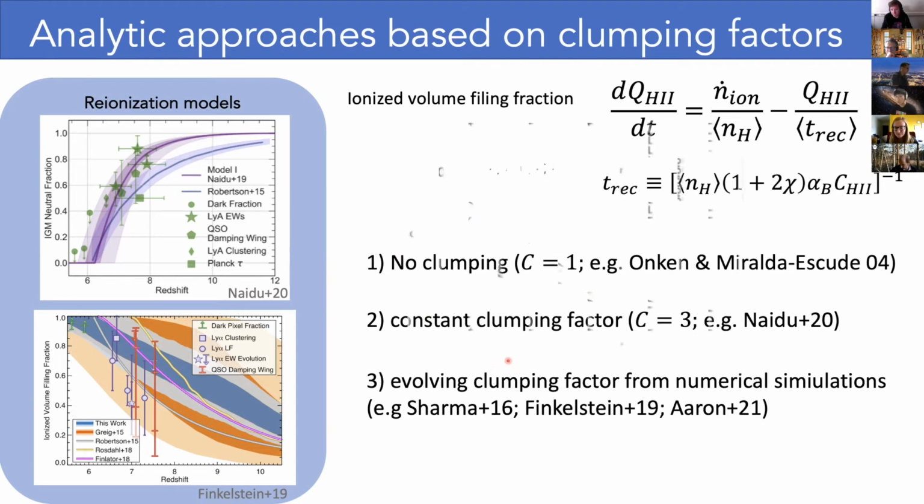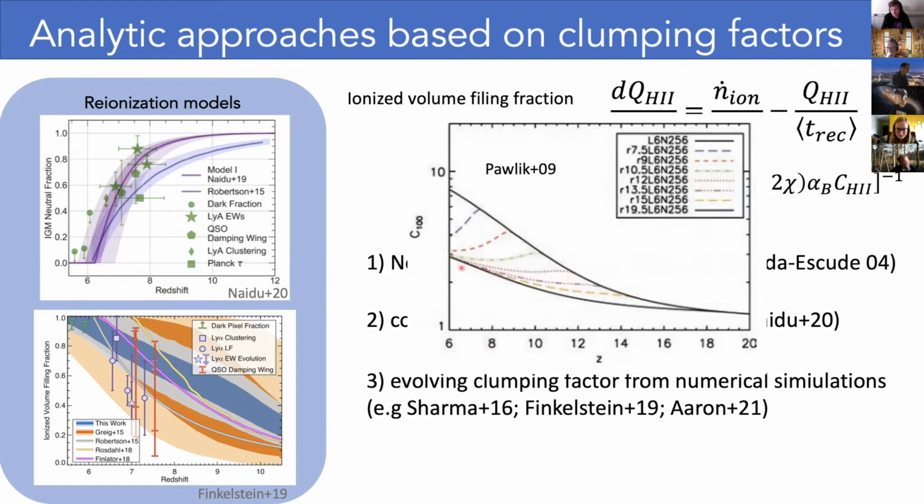The commonly used one is the result from Pawlik 2009, which measured the clumping factors from hydrodynamical simulations with softening lengths of 1 kiloparsec and uniform background radiation. Since the clumping factors used in these reionization models originate from numerical studies, clumping factors are model dependent, and it is important to make a realistic IGM structure in the simulation.